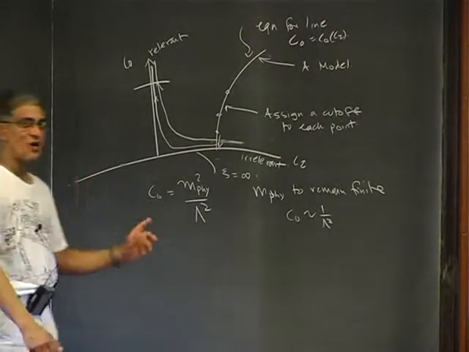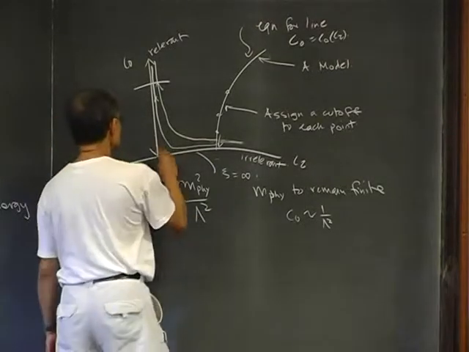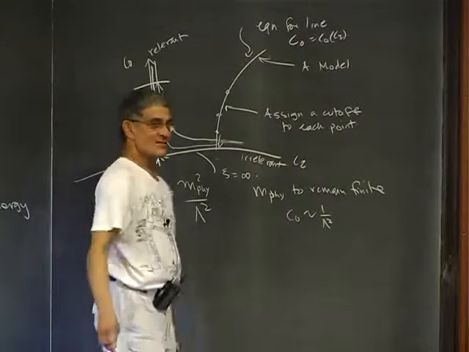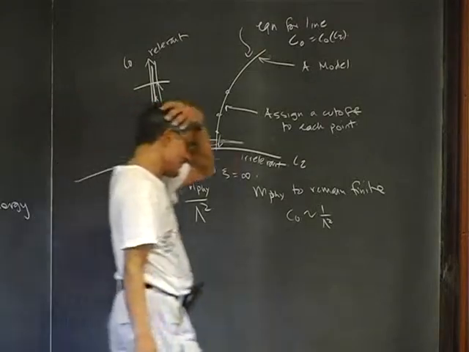The crucial point in our ability to do such a thing was the existence of a fixed point. If I don't have the fixed point, I don't have this behavior, and I cannot have a meaningful construction of the theory.